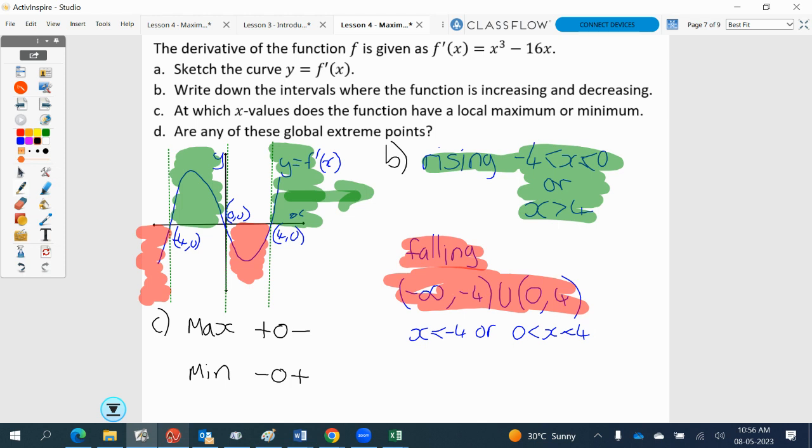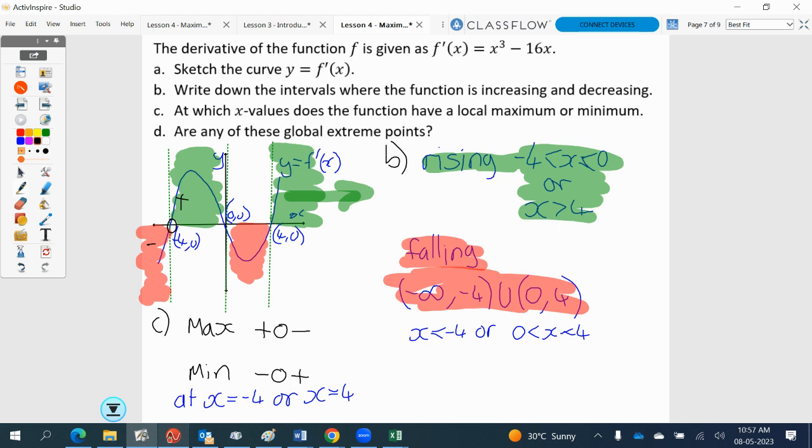So at x equal to -4, does the graph go positive, 0, negative, or negative, 0, positive? Negative, 0, positive. It goes negative, 0, positive at x equal to -4, and it also does it here, at x equal to 4.